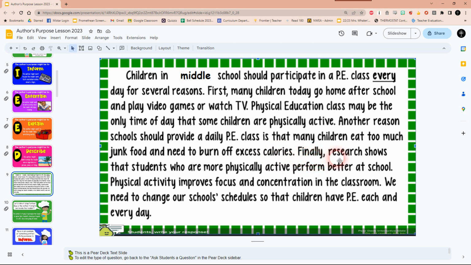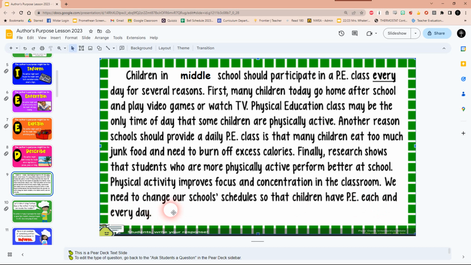And finally, research shows that students who are more physically active perform better at school. Physical activity improves your focus and concentration in the classroom. We need to change our schools' schedules so that children have PE each and every day.